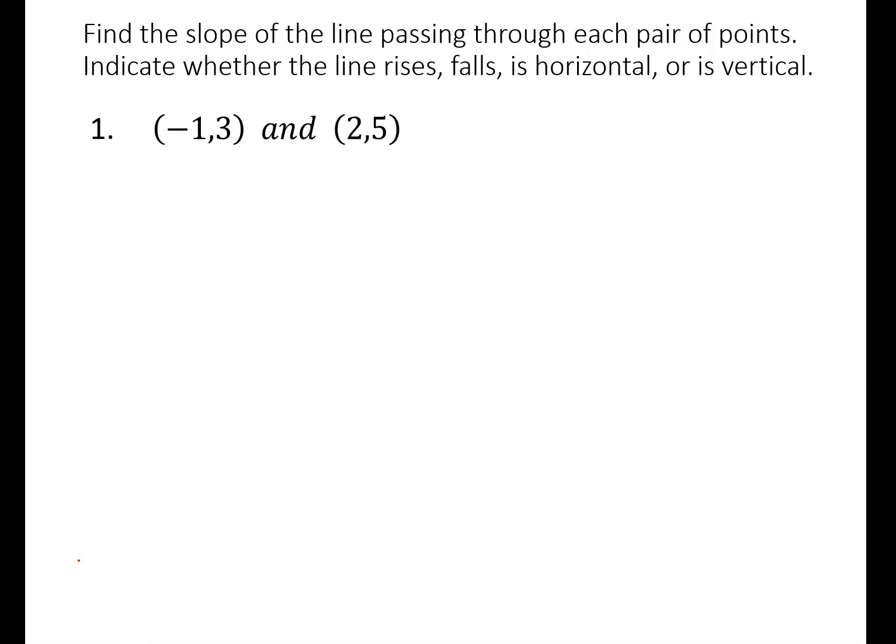The first ordered pair, we will call x1, y1. And the second one will be x2, y2. And let's go ahead and write down the slope formula. It's y2 minus y1 over x2 minus x1.